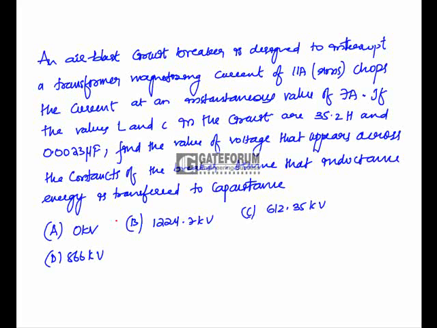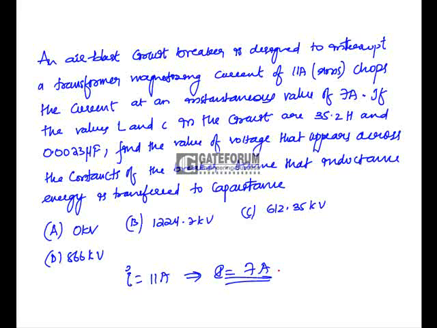He has given that an air blast circuit breaker is designed to interrupt a transformer magnetizing current of 11 amperes. He has given the current as 11 amperes. It chops the current at an instantaneous value of 7 amperes. That means the current is chopped at 7 amperes.